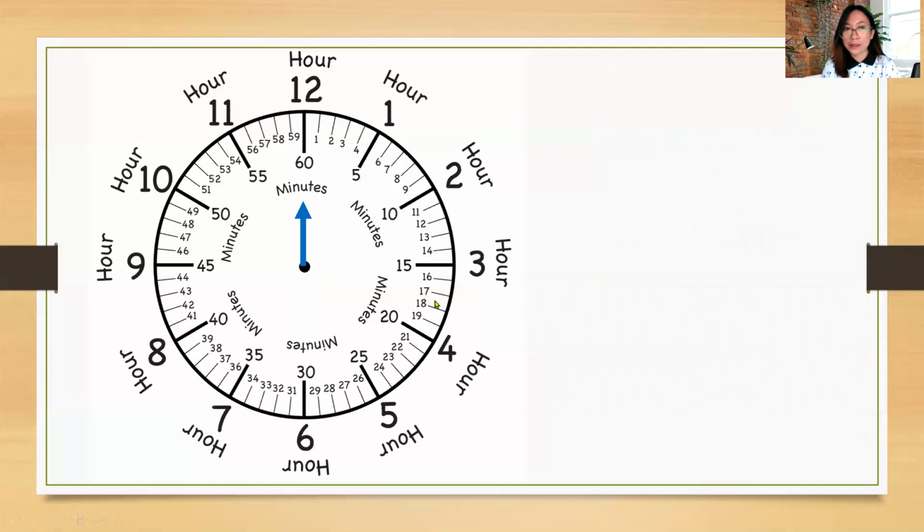Another example. Our hour hand and our minute hand are pointing in the same direction. Okay. So here, our hour hand is pointing at 12, and our minute hand is still 0.